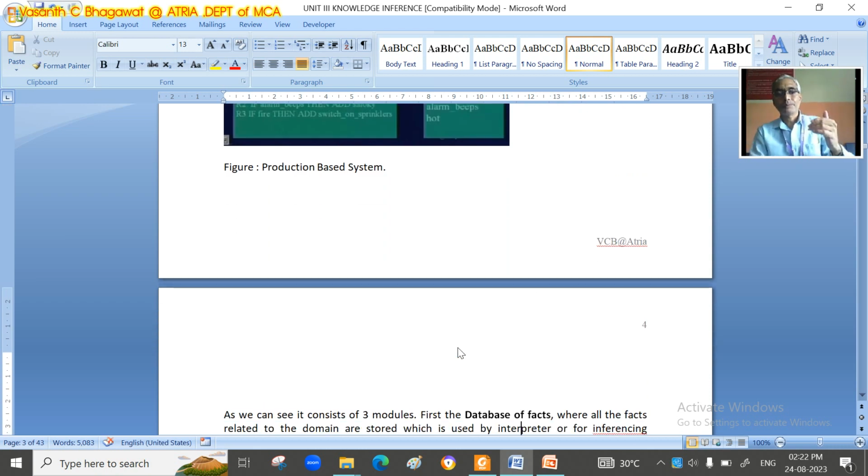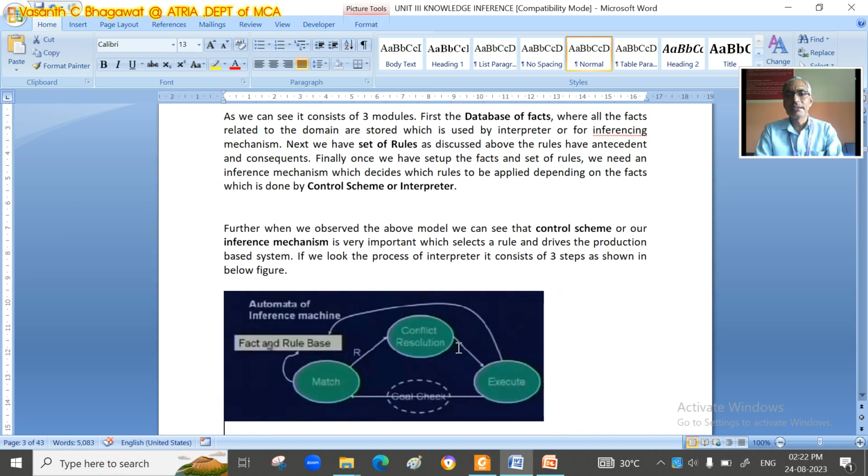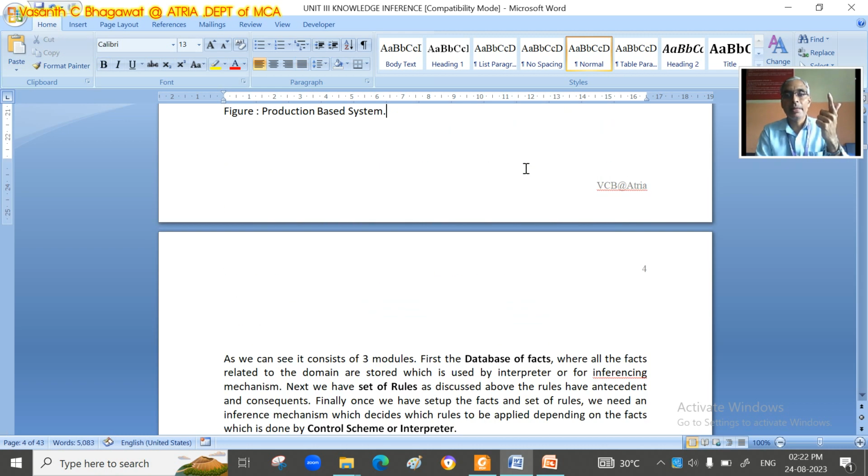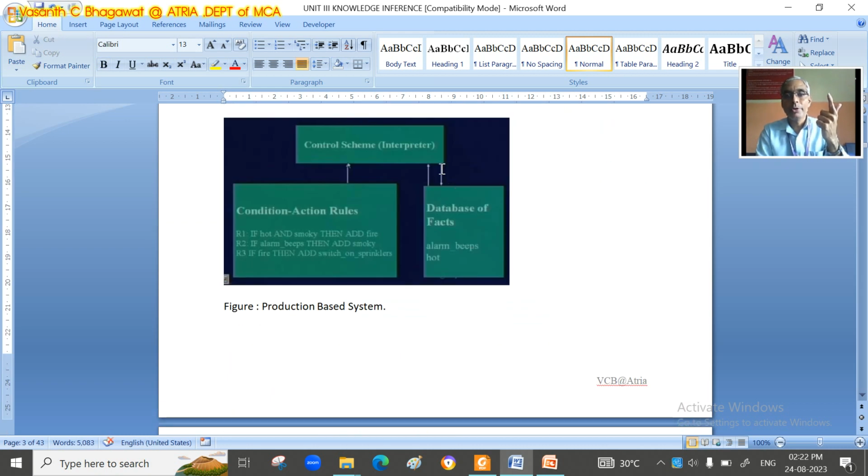Now let us try to understand these things. First we have a database of facts, where all the facts related to a particular domain are stored, which is used by our interpreter for the inference mechanism. In this diagram, the interpreter, or inference mechanism, pulls the knowledge stored in our knowledge base in terms of facts.